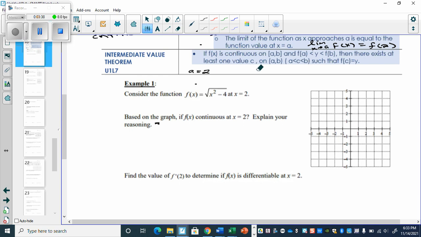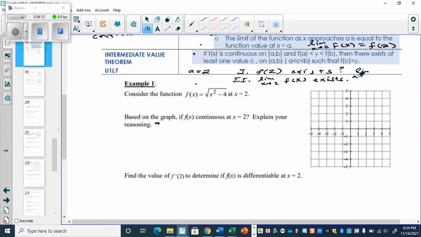So first I'm going to find f of 2. Does it exist? Question mark. The second thing that you need to find: does the limit as x goes to 2 of f of x exist? And the only way you'll know this for sure is you need to check.